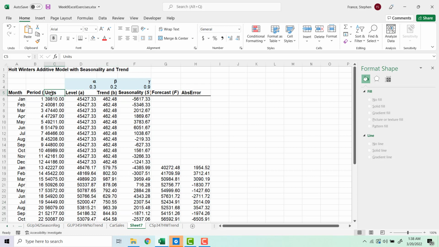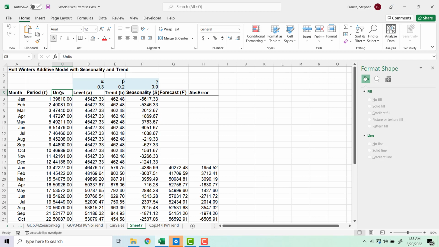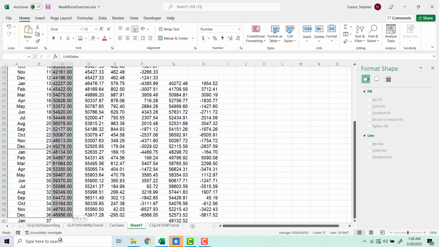And let's just do, we have our units. I'll just call this the unit sales. And we have our forecast. So let's put these into a graph.